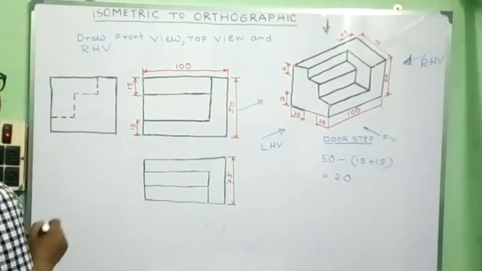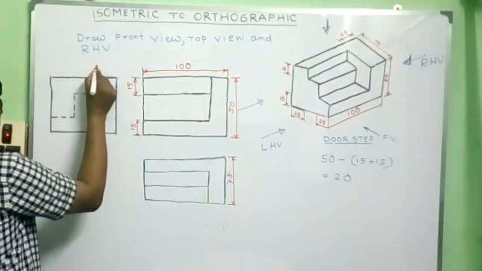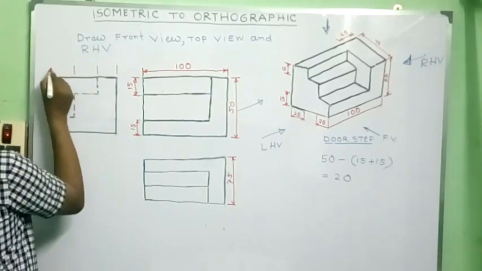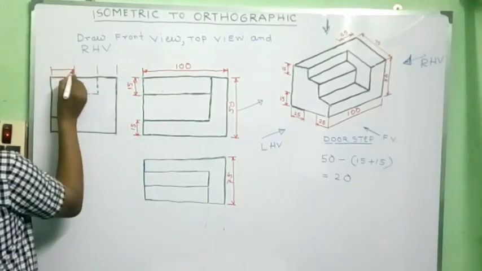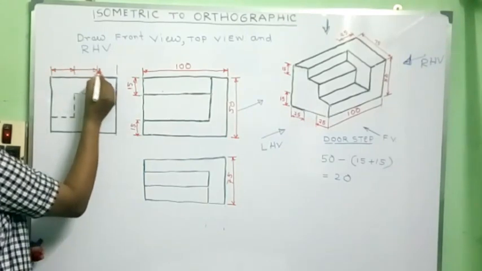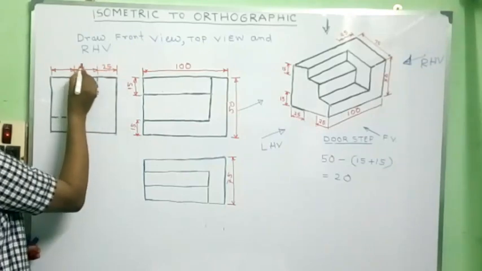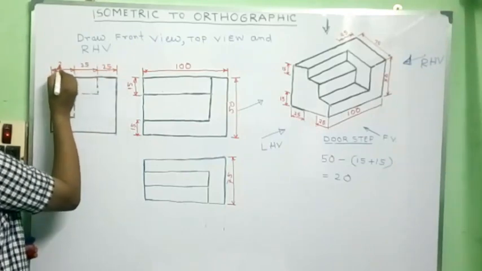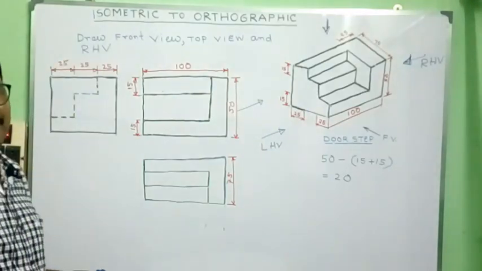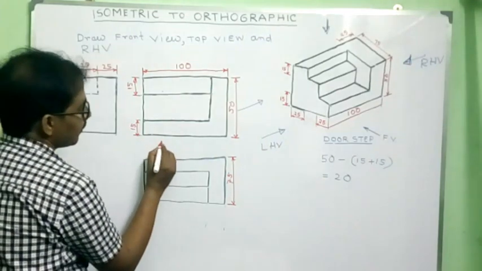Okay. Now these lengths are 25, 25, 25, 25. Okay, dimension is complete.